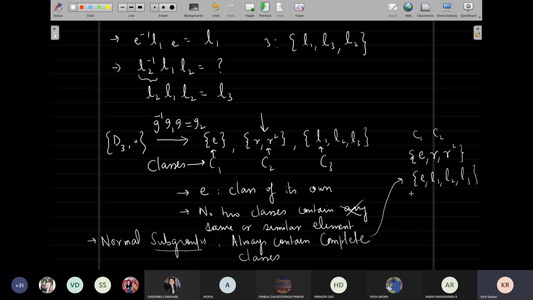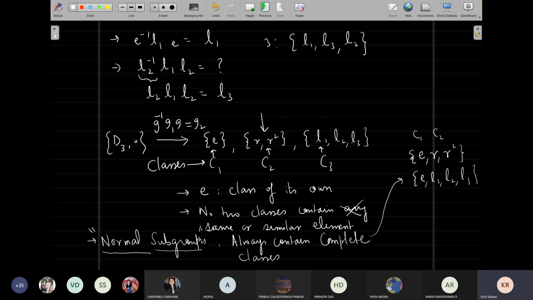But here is a catch. The catch is E, L1 makes a subgroup. So it looks like there is something fishy. It's not something fishy. It is that normal subgroups always contain complete classes is the complete definition.